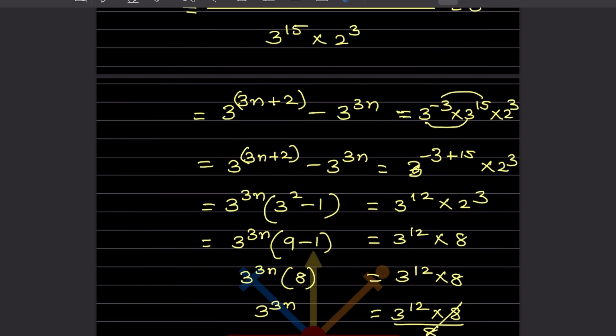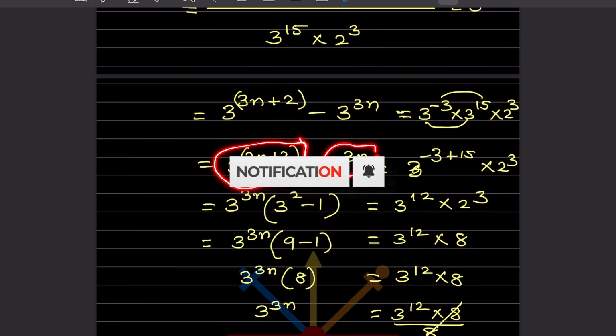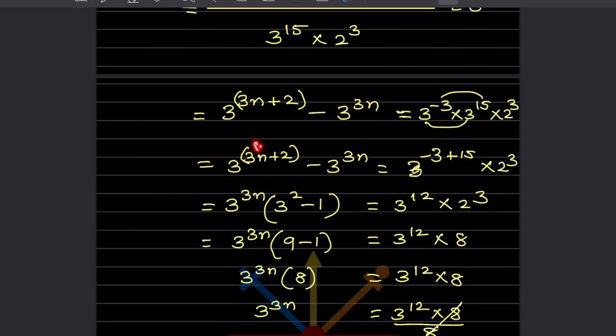So this is going to be added, that is minus 3 plus 15, and this will be as it is. Now we can see this is one part and the other part. From this one, we can take 3 raised to 3n as common. What remains inside is 3 raised to 2, and because there's nothing over here, that means it is 1.